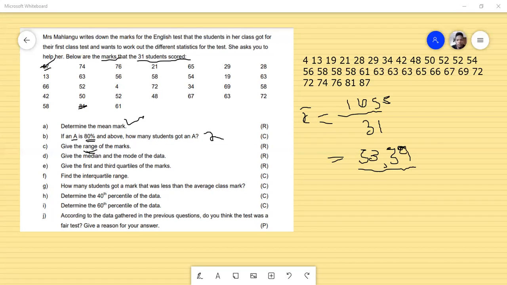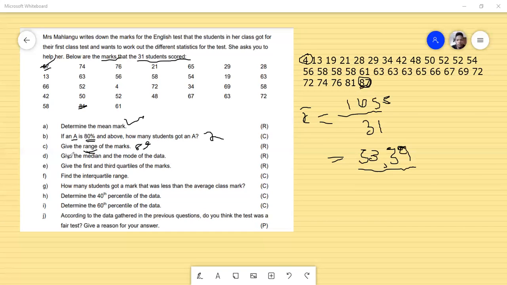Our maximum is 87 and our minimum is 4. So you first write out the formula, range is max minus min, so it's 87 minus 4. Your range will be 83.